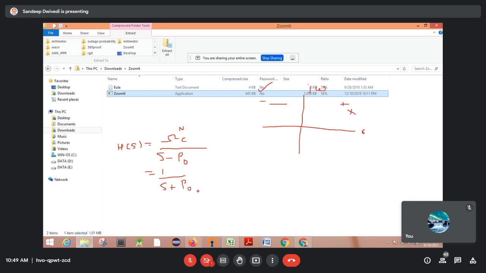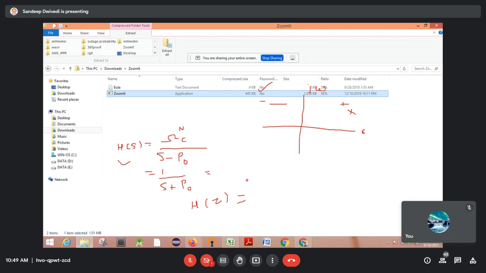Okay, so do this calculation. Whatever values you get, then you need to convert that to H of z, the digital filter. This is the analog filter, the transfer function of the analog filter H of s, and you need to convert that.